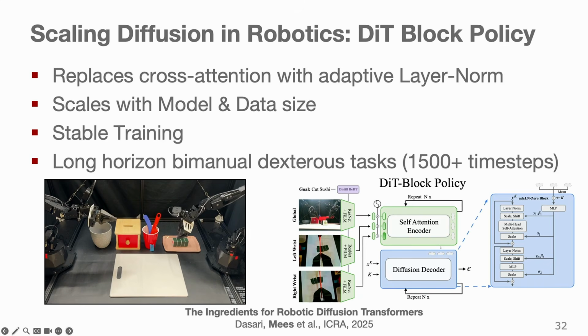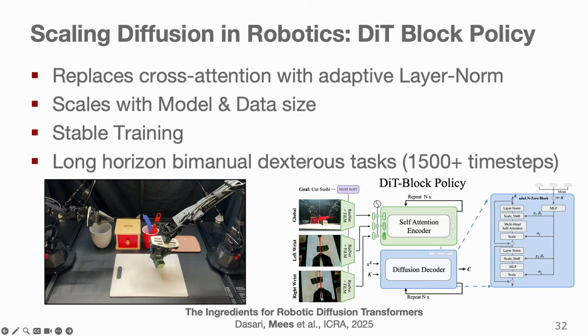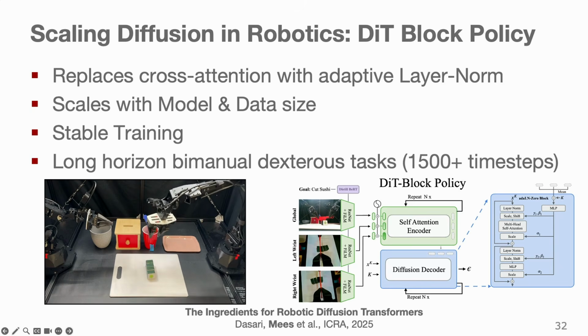Another interesting follow-up is the IT block policies, where the key architectural innovation is replacing the cross-attention for conditioning with adaptive layer normalization, or AdaLN-Zero, which is borrowed from the diffusion transformer literature for image generation.